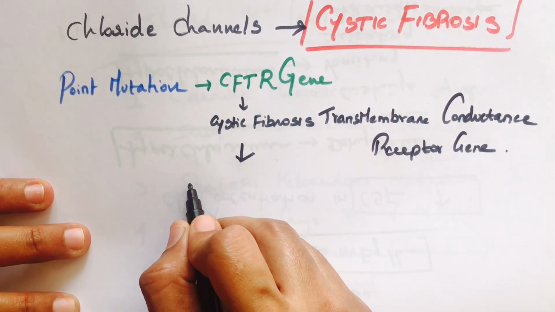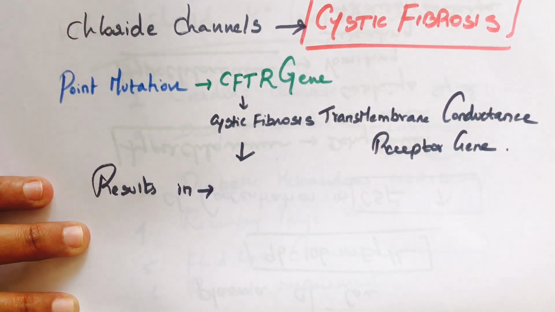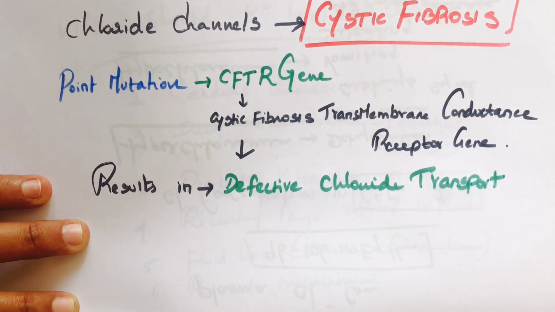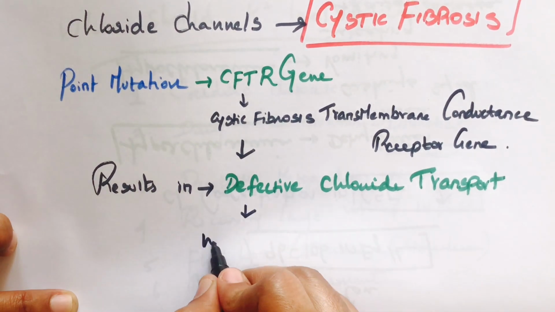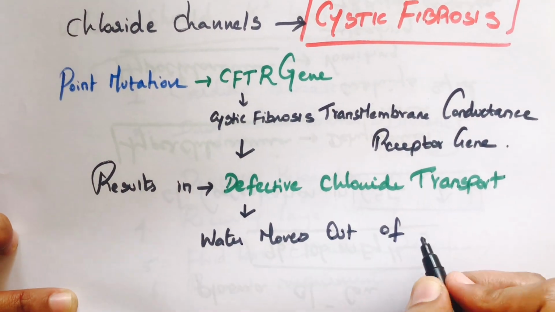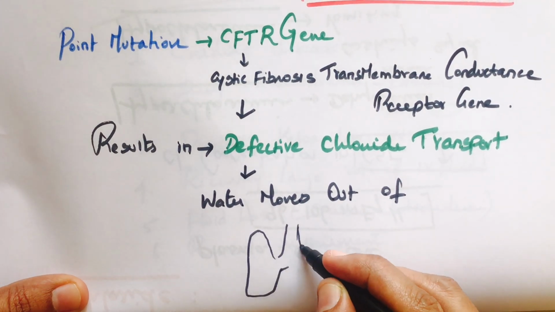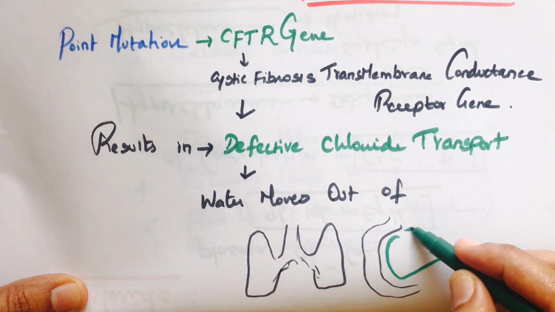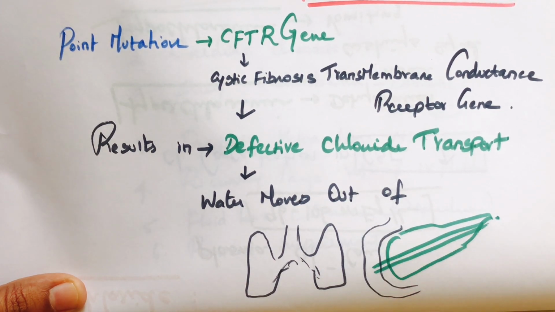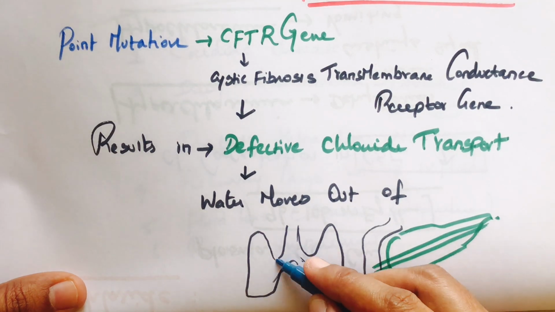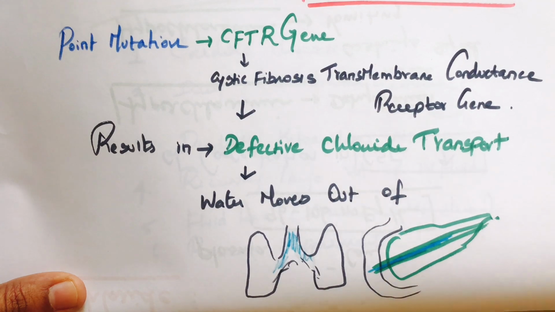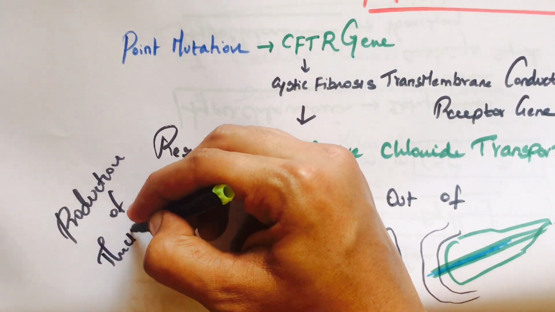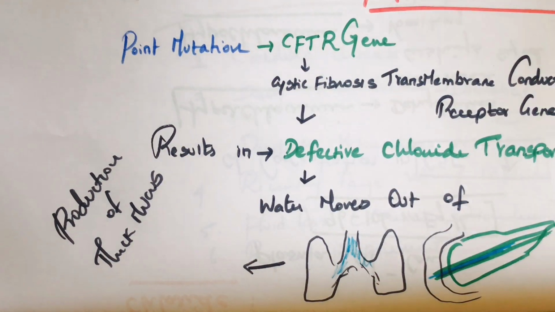So when there is mutation in this particular gene, it results in defective transport of chloride. So this causes thick secretion of mucus due to loss of fluids. So in the lungs and pancreas, there is excessive secretion of thick mucus, which causes progressive damage and infection.